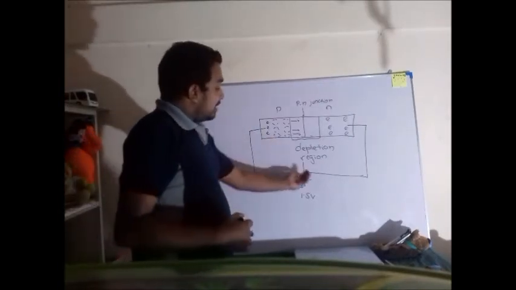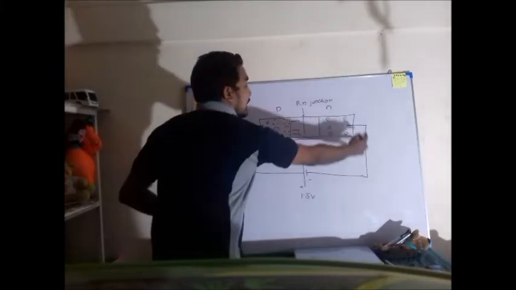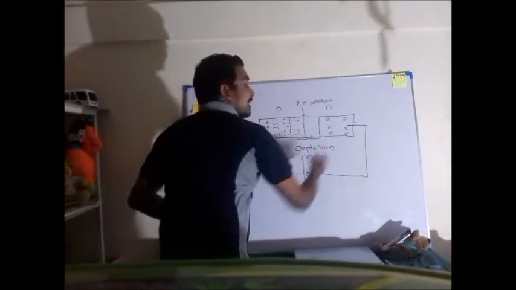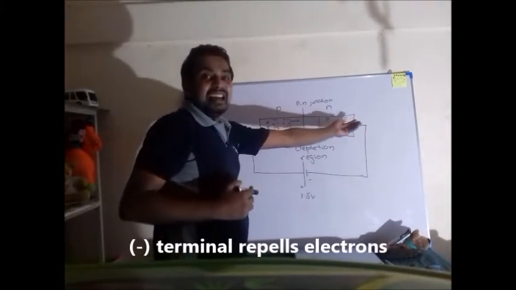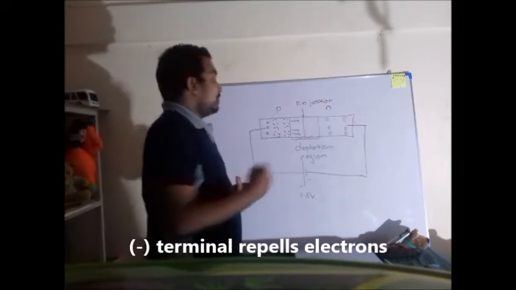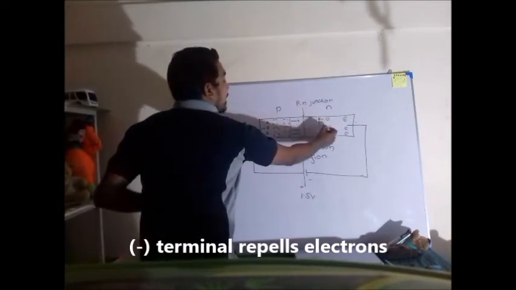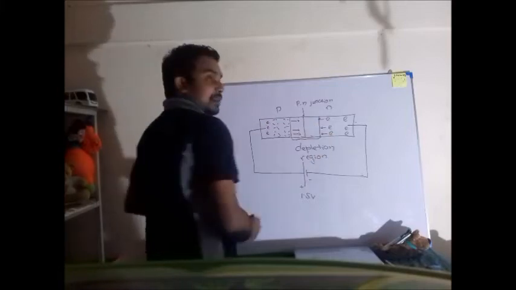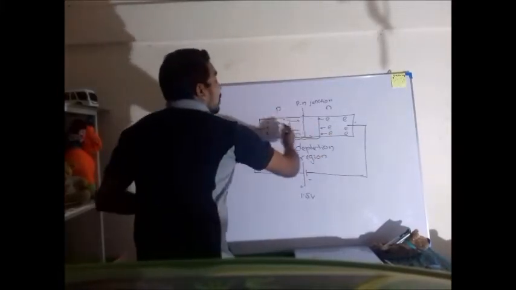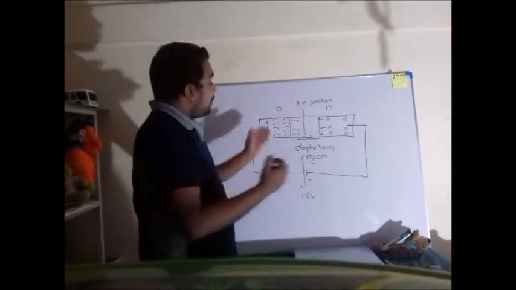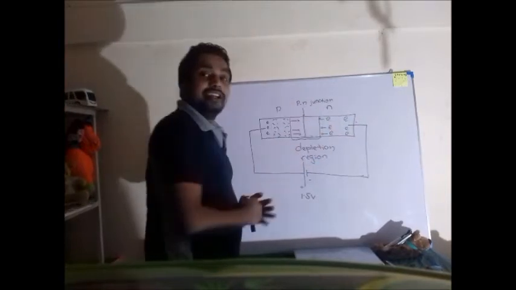On the other hand, the negatively charged terminal repels electrons. These electrons are repelled. These holes are repelled. What happens to the depletion region?